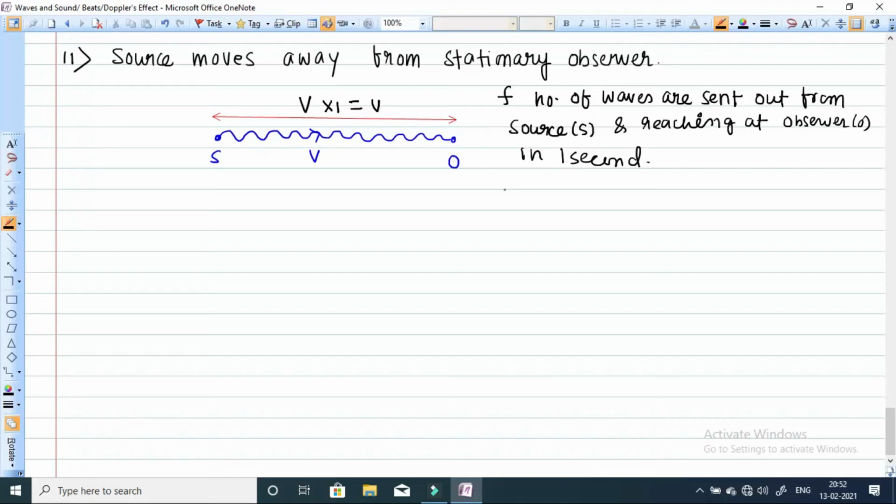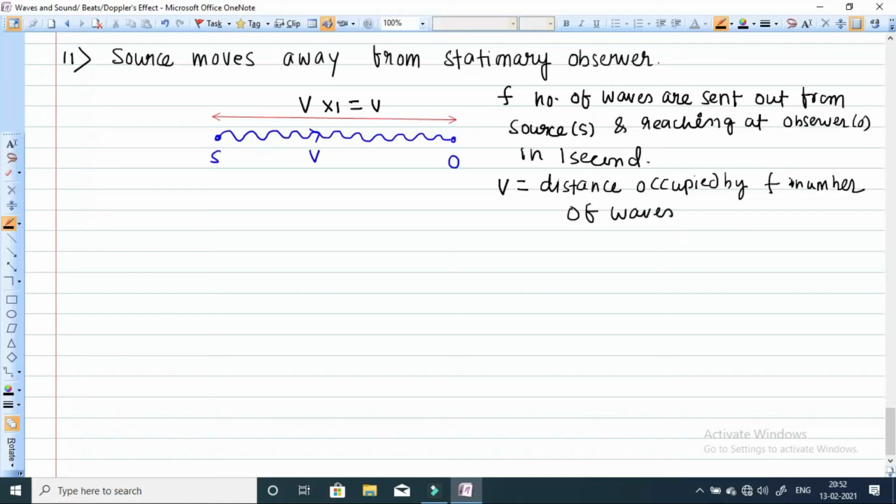This is the initial case when both source and observer are stationary. So we can say v is equal to the distance occupied by f number of waves.